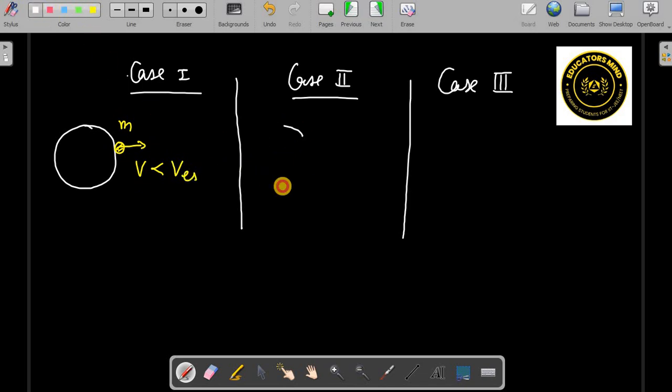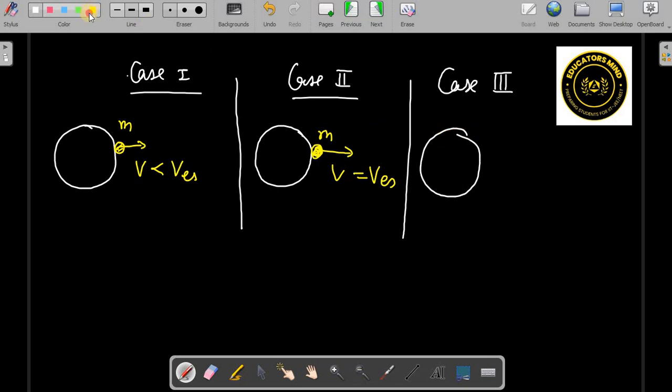Case 2, which we already know, so we don't have to derive it: you throw it with a velocity v equal to escape velocity. And case 3: you throw it with a speed greater than escape velocity.